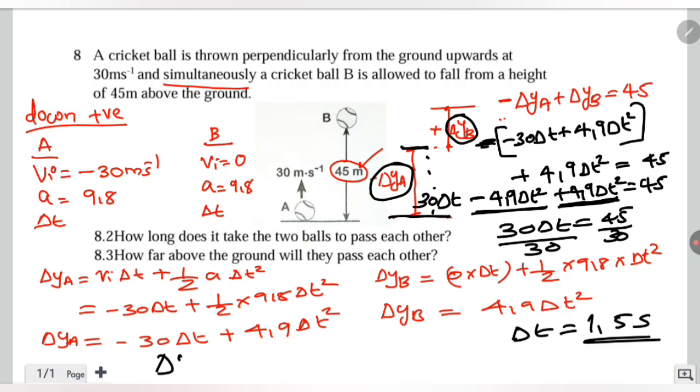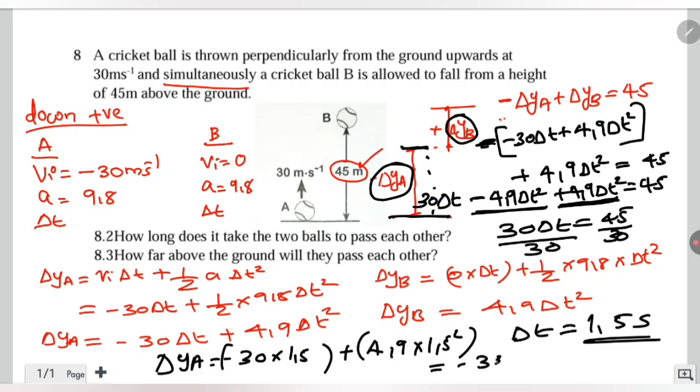So I'm going with delta YA, which is minus 30 times 1.5 plus 4.9 times 1.5 squared. Don't forget to square, and your answer will be minus 33.98 meters. It must be minus because down is positive and we are calculating the displacement in the upward direction.